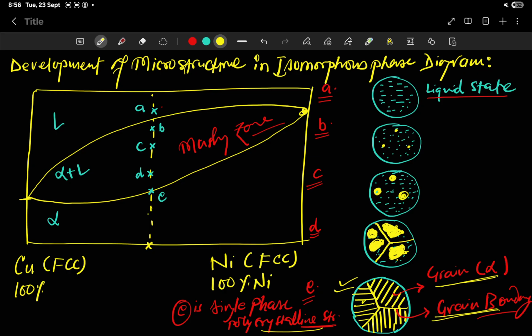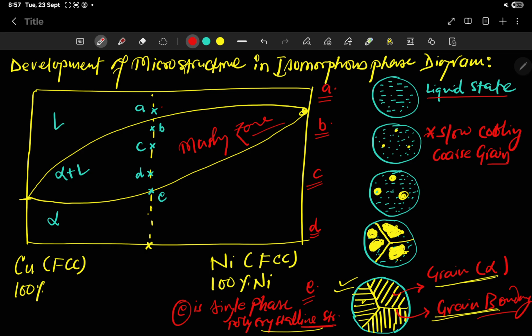Okay, so this is all about development of microstructure in isomorphous phase diagram. So some important observations from here: if we are cooling the molten metal slowly, if we have slow cooling, the grain size will be coarser, so we get coarser grain, right?